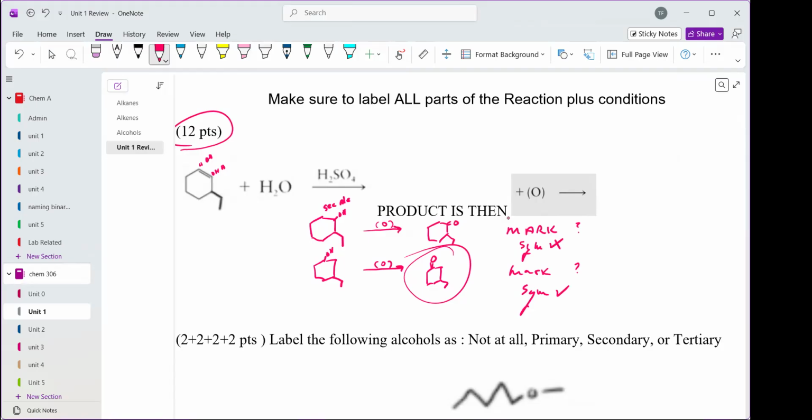Okay, and we haven't named it yet. So this is going to be... So it's going to be a 1.